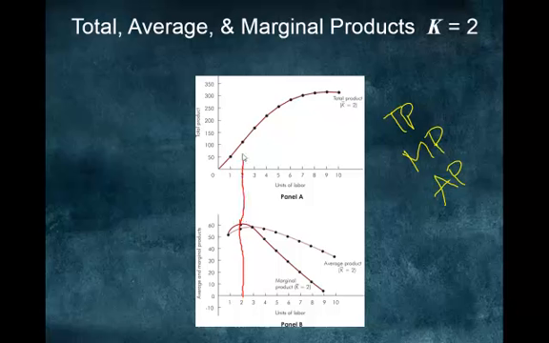So up to here, TP increases and the others decrease. So this is stage 2. So this is the law of positive returns, law of diminishing returns, and negative returns.